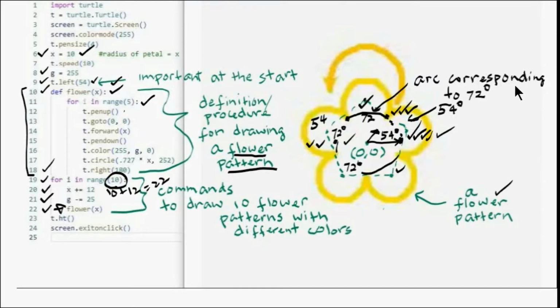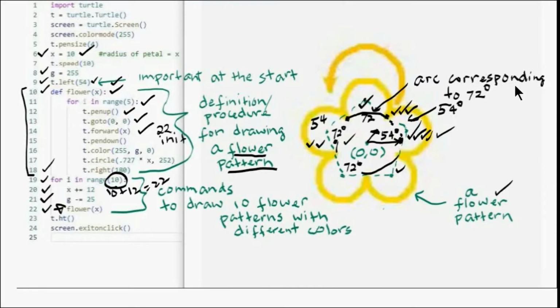And then I will raise my pen up so that I don't generate any line when I move the turtle. And then I go to 0, 0. The 0, 0 is on the right portion of the screen. And then I go forward X units. So I'm going forward. Initially, this is 22 units.